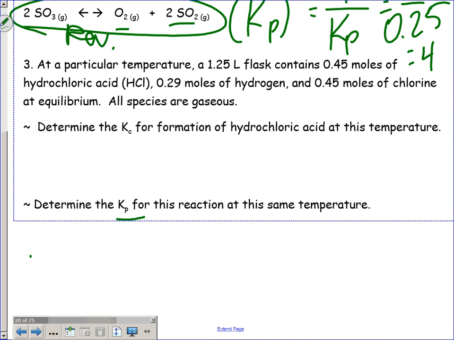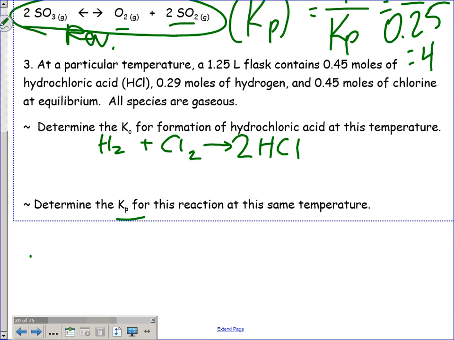What's my reaction, by the way? It says formation of HCl, right? So what are we forming HCl from? How do I write hydrogen? H2 plus Cl2, diatomic, thank you, and HCl, and you're saying 2 of them to balance that.